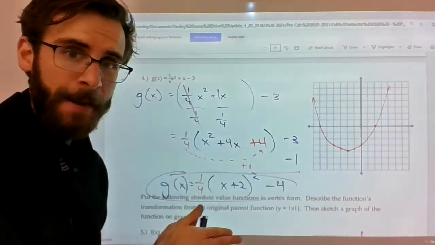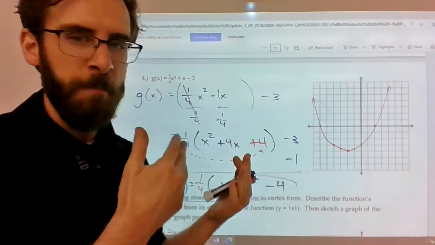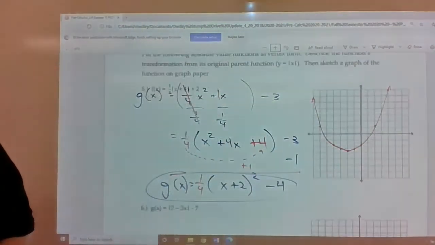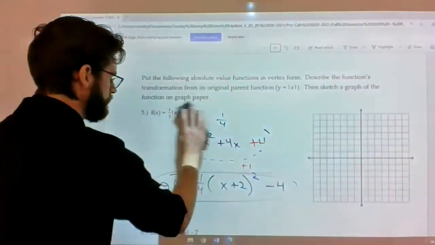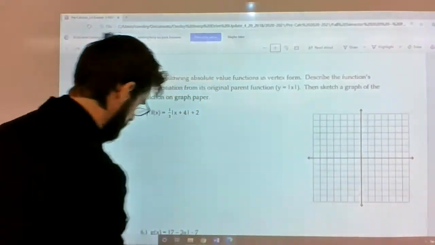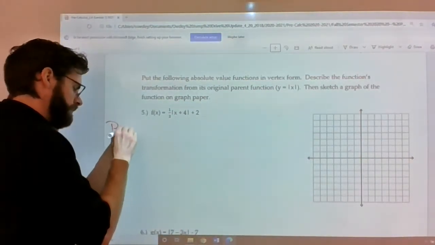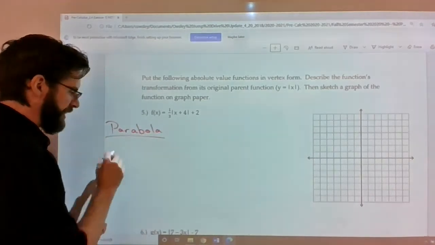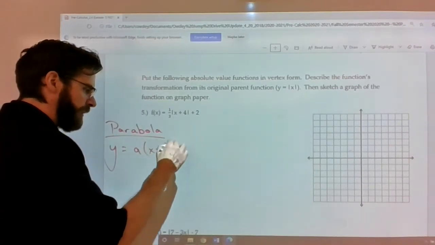Now let's talk about absolute value functions, which have a very similar makeup to them. So parabola vertex form: y equals a times (x minus h) squared plus k.